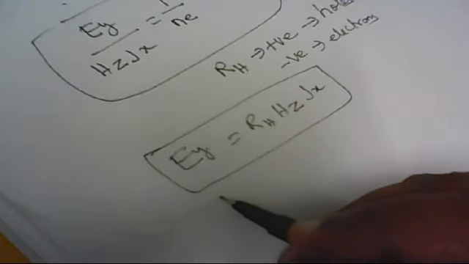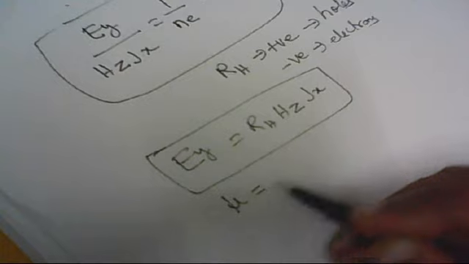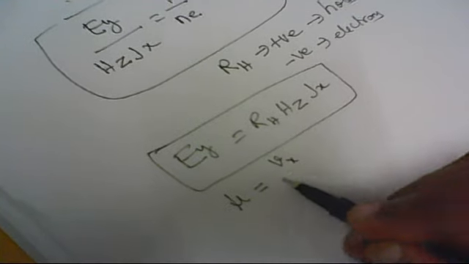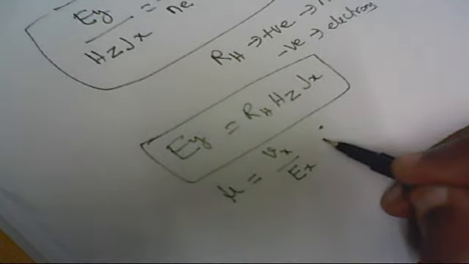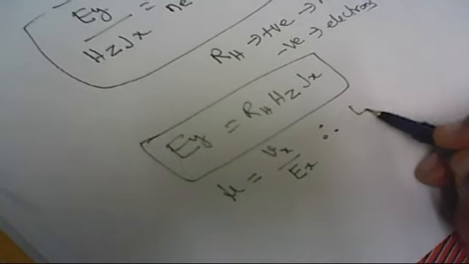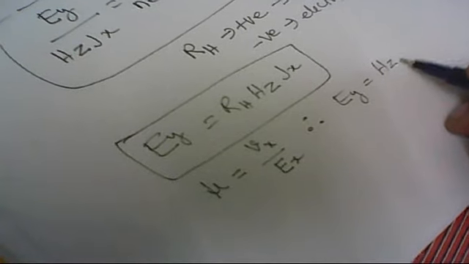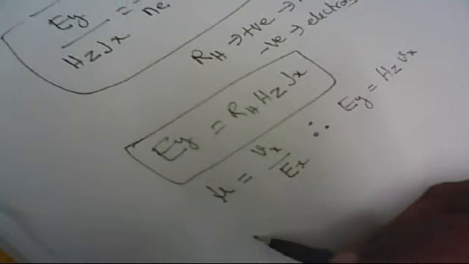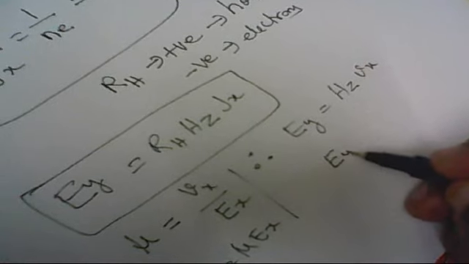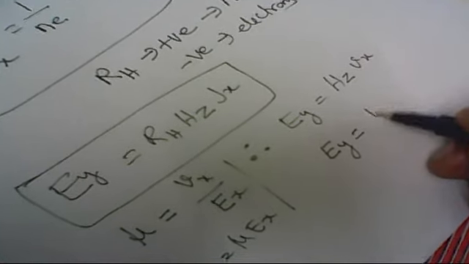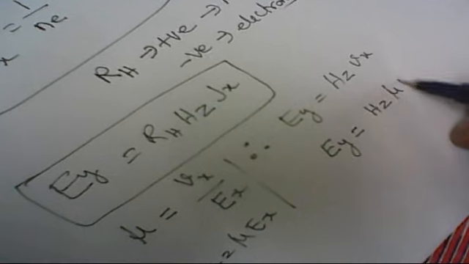We know that the mobility of the electrons mu is equal to drift velocity per unit applied field, and therefore Ey can be written as Hz into Vx, so we can rewrite the expression as mu into Ex, is it not? So similarly we can write it as Ey is equal to Hz mu into Ex.